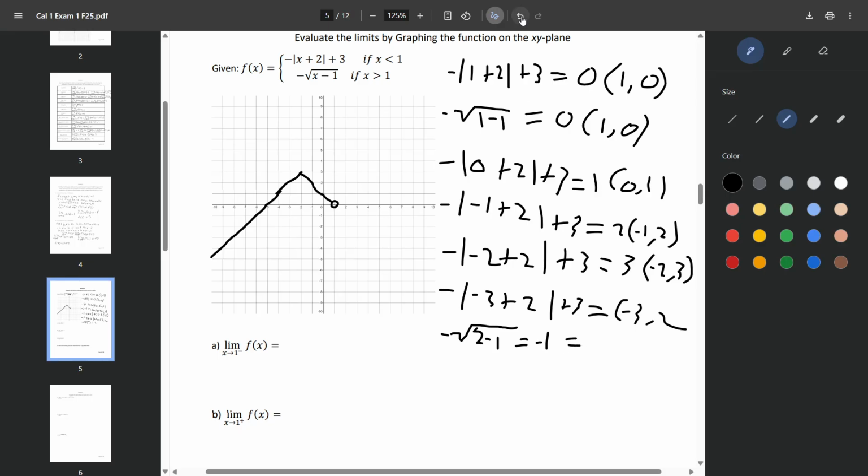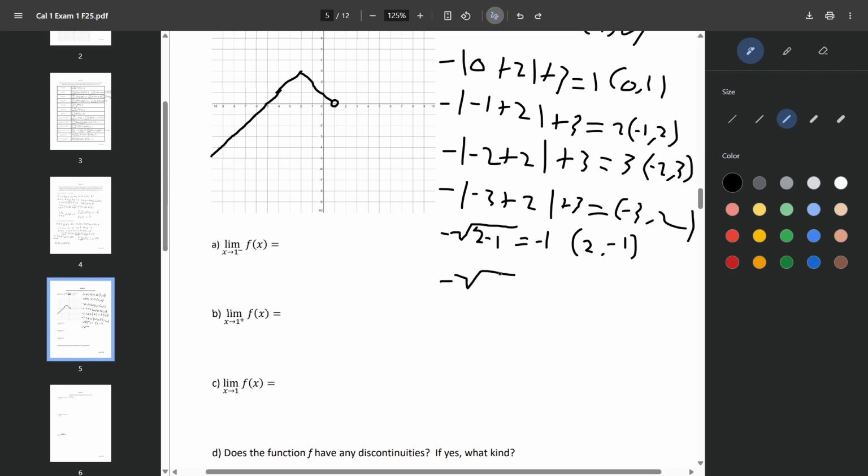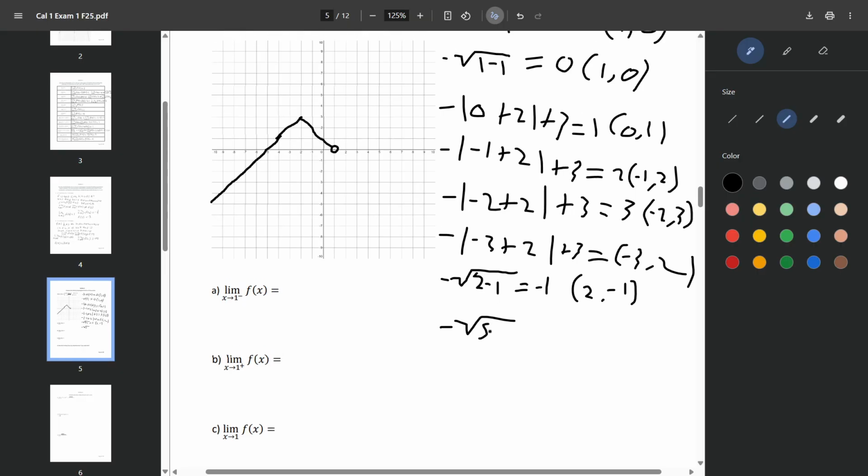So it's gonna be 2 comma -1, and then we're gonna skip all the way up to x equals 5 because it's gonna be a nice root.